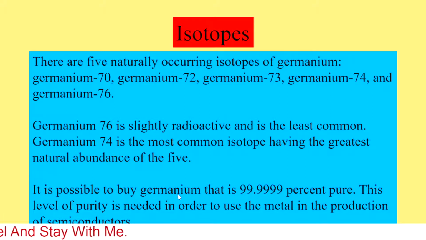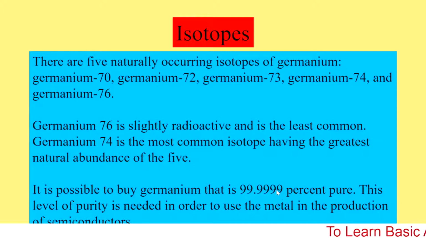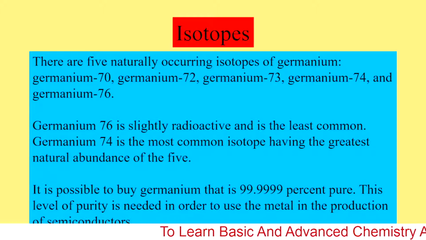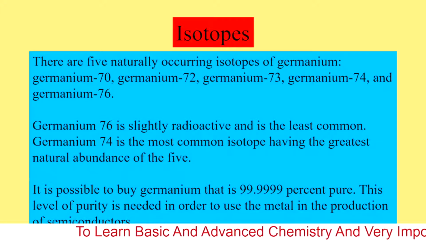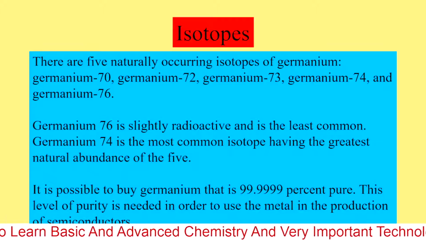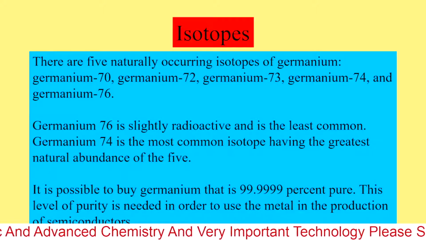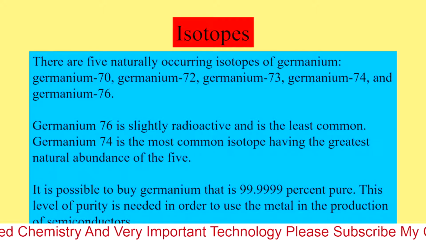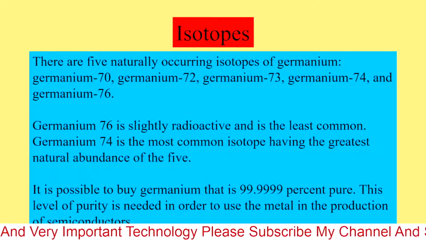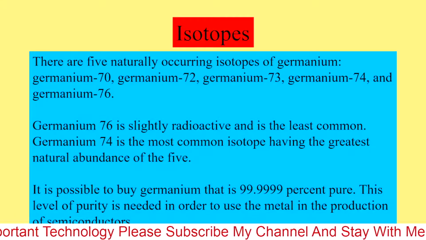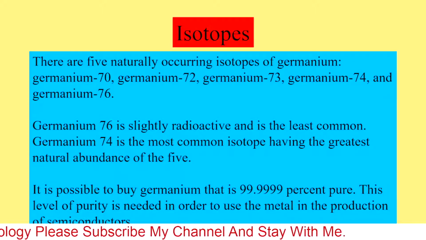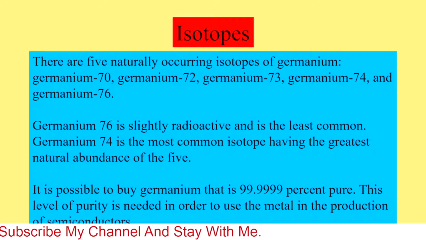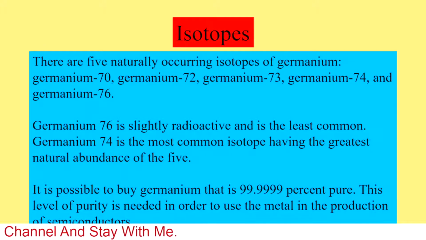It is possible to buy germanium that is 99.9999% pure. So you can get very pure germanium, and this pure germanium is needed to prepare a semiconducting device, because if there is something impure inside your semiconductor, then the conductivity will change, which you do not want.